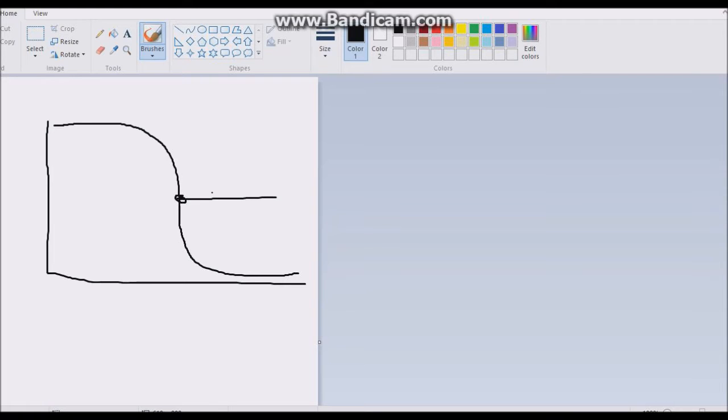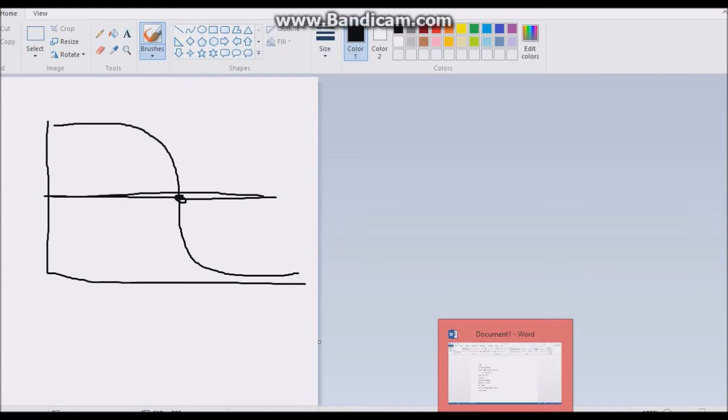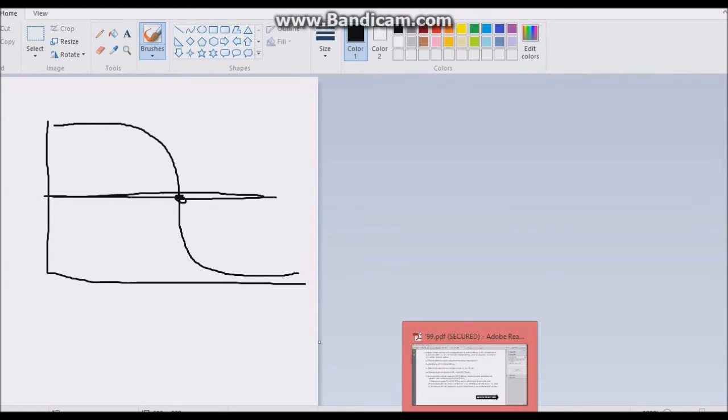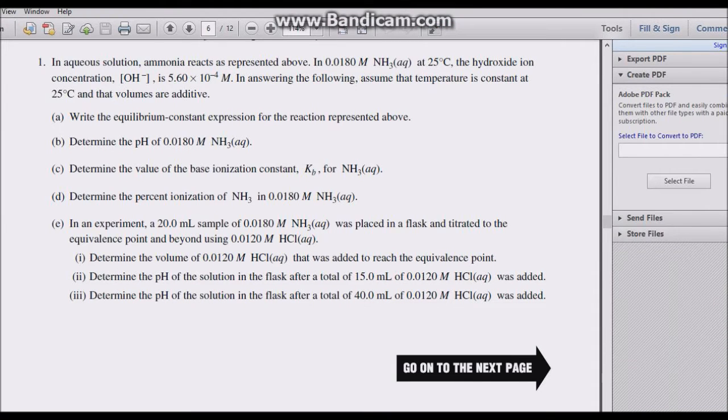This is a point where all the acids and bases are neutralized. So all the bases are consumed by the acid. For the question, we first need to determine the volume of 0.0120 molar HCl that was added to reach the equivalence point.